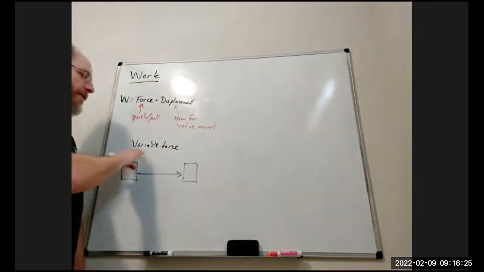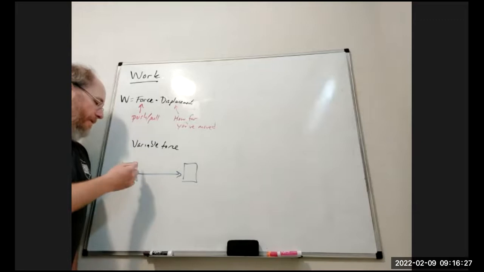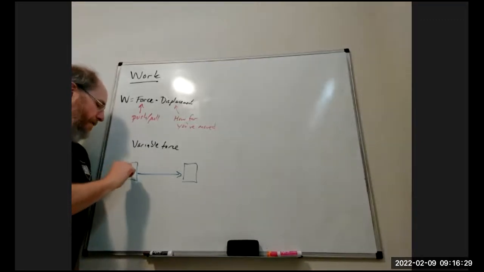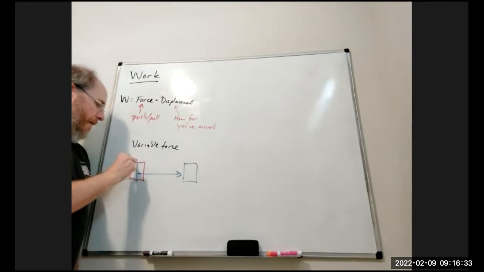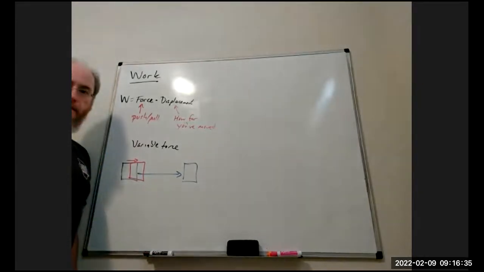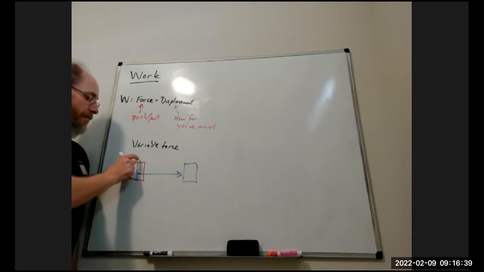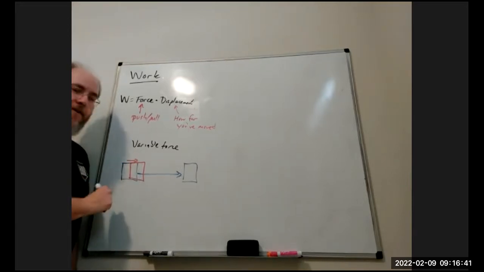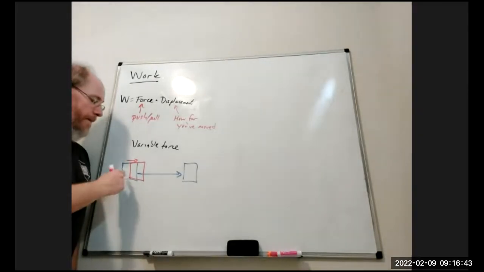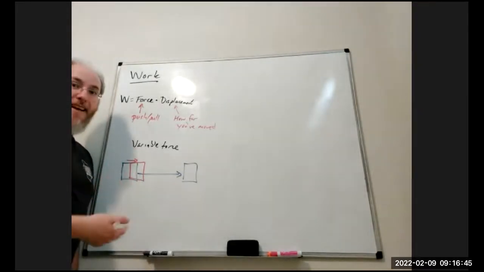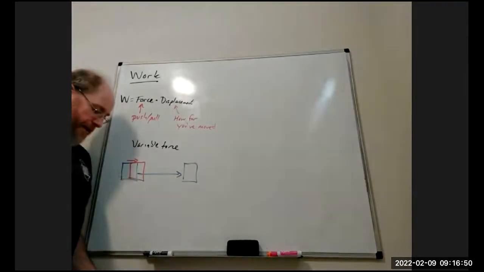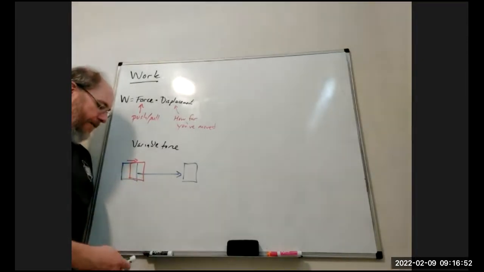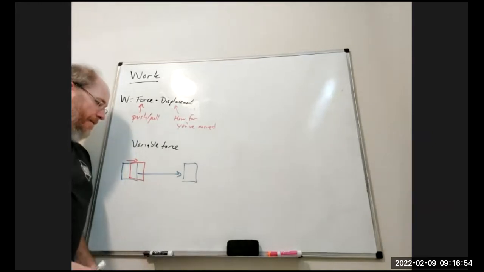So we have a variable force, but suppose I just look at how much work is done as we move the block this little distance. I can approximate the force over that little distance and multiply it by that distance to get an amount of work. And then maybe I go, okay, well, now that it's at that red block, let's move it a little bit further down the line.